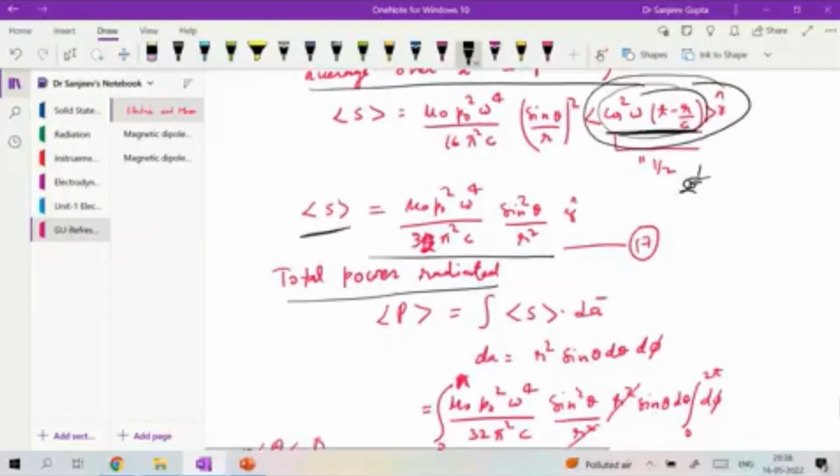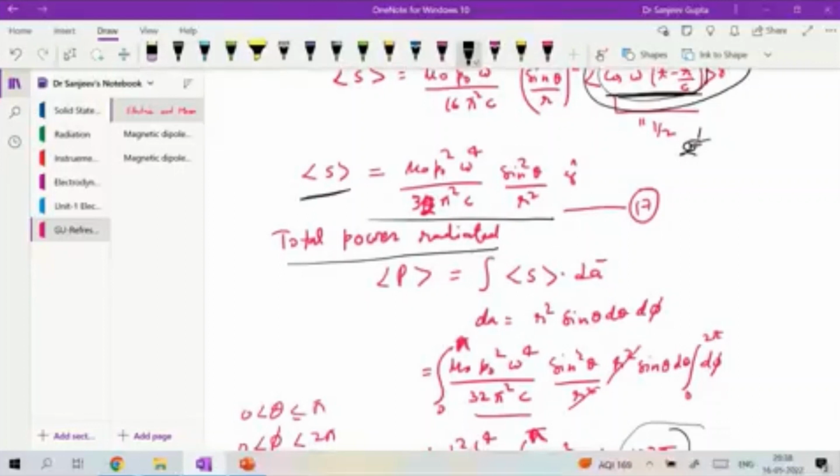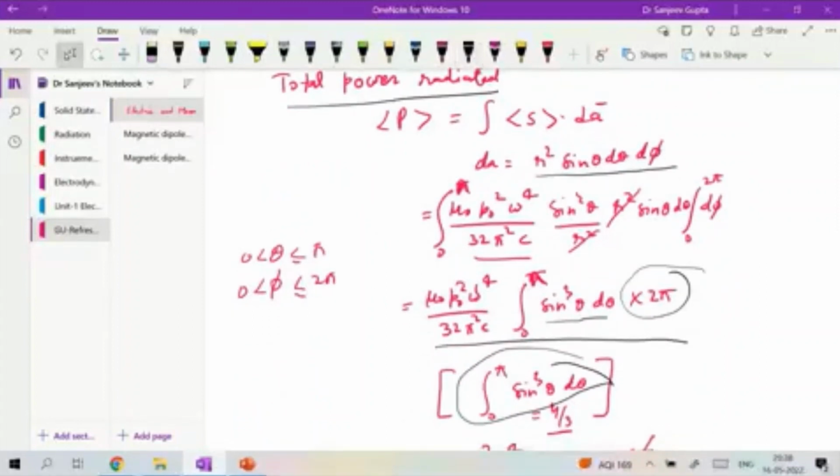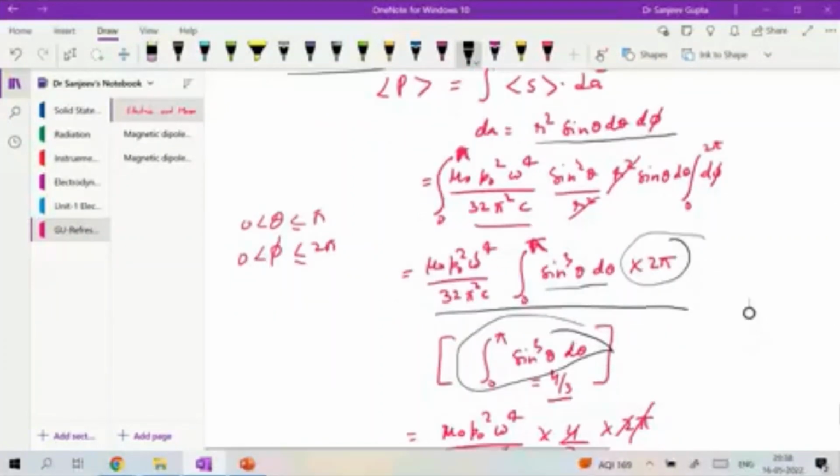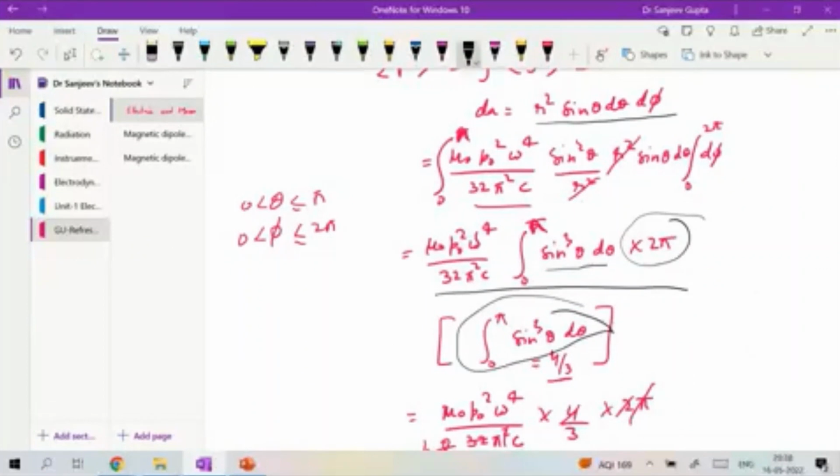Now I'm going to use the third step, calculate the total power radiated. This is nothing but the total power P equal to the integration of S dot dA, where dA is r square sine theta d theta d phi, and the integration runs for theta from 0 to pi and phi from 0 to 2 pi. So 0 to 2 pi comes out directly, and sine theta times sine square theta becomes sine cube theta, from 0 to pi.